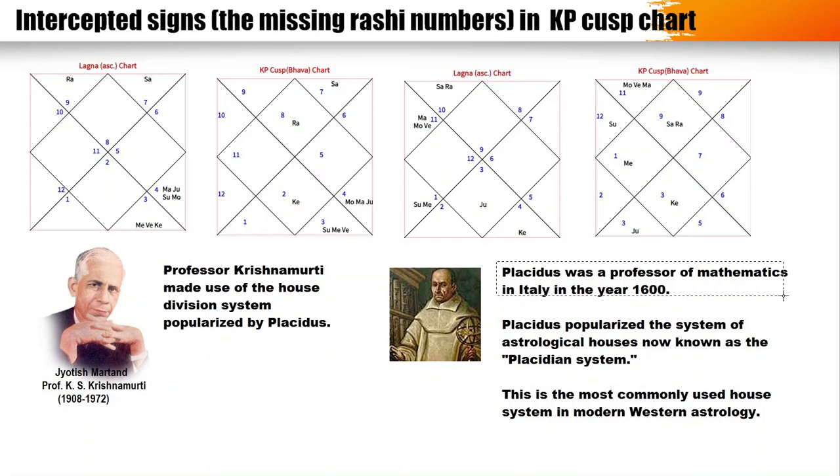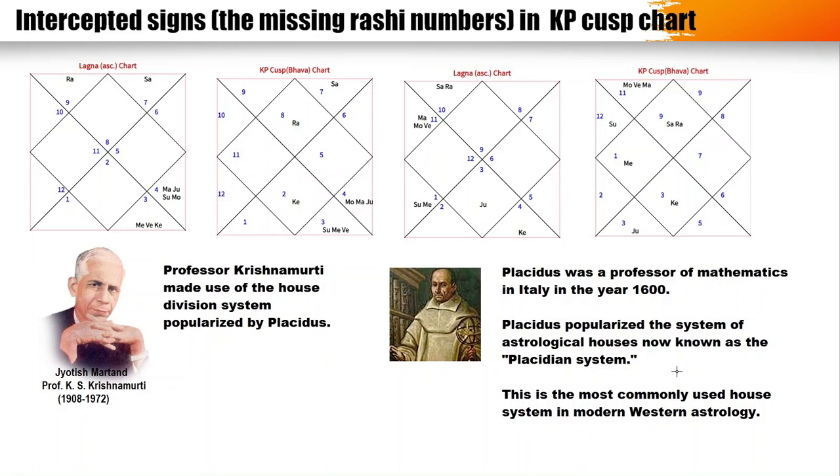He was a mathematics professor in Italy around the year 1600. Placidus did not invent this particular system, but he seems to have refined the whole house division system, and now it's known as the Placidian system or the Placidus system.